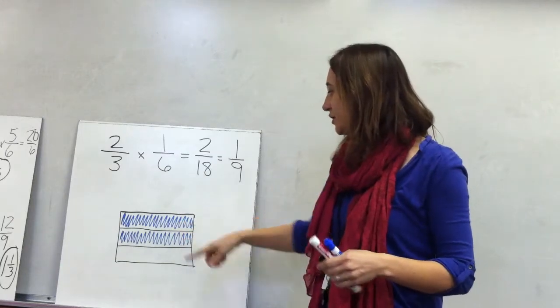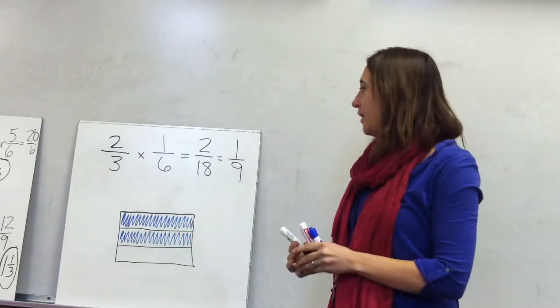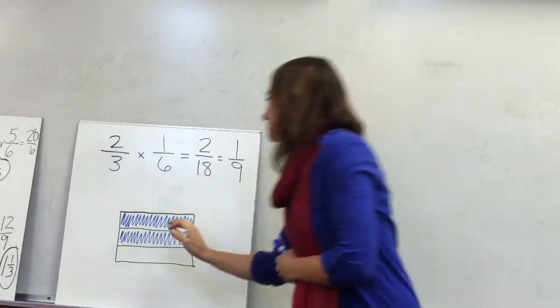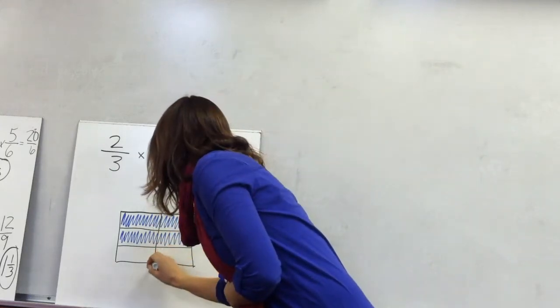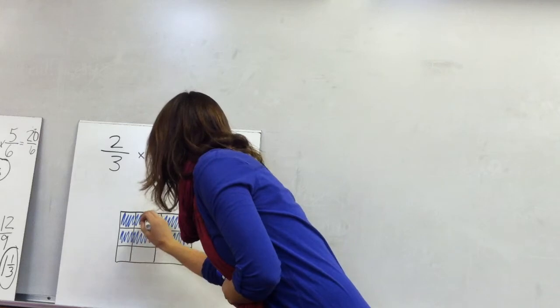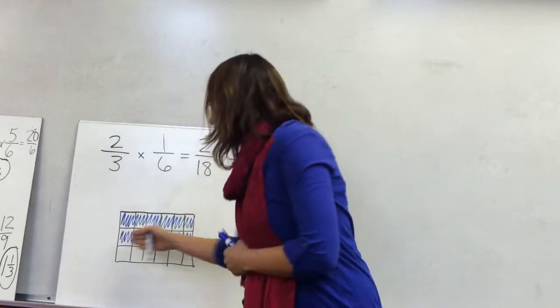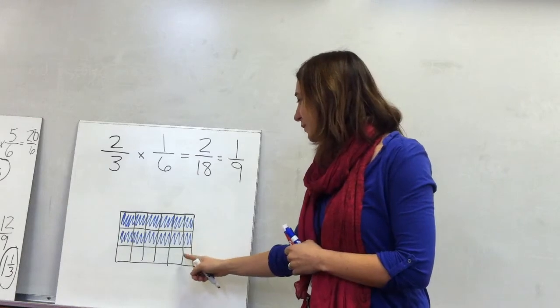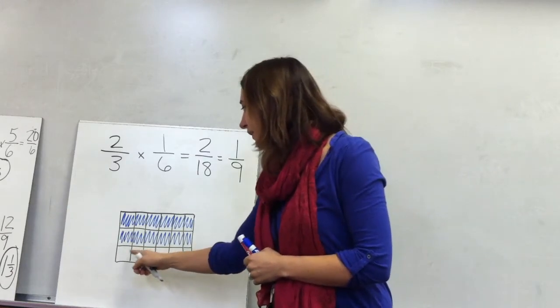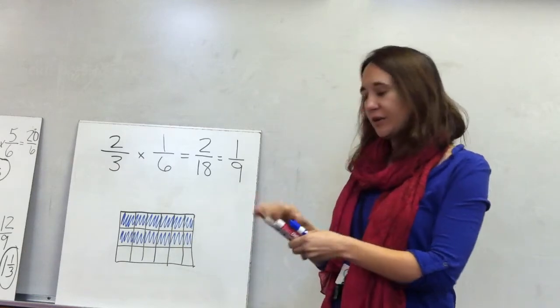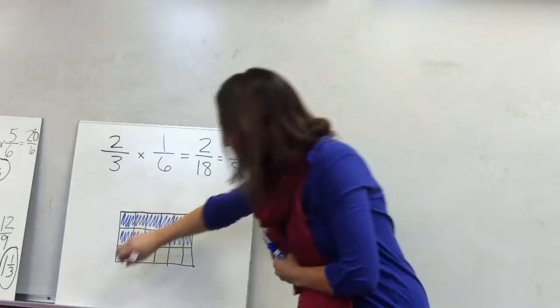So you see we have 2/3 here. Now we're going to divide the other way. We're going to divide it into 6ths. So there's 2 equal parts. Going from left to right, we see we have 6 equal pieces: 1, 2, 3, 4, 5, 6. And of course, with our 3 the other way. Now I'm going to color in 1/6 of that.